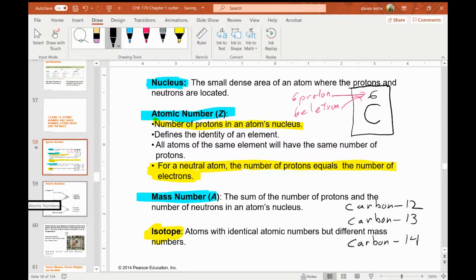One way we can talk about isotopes is by writing the name of the element and then writing their mass number. So when you see a name of an element, hyphen, and a number, that's the mass number they're writing there.